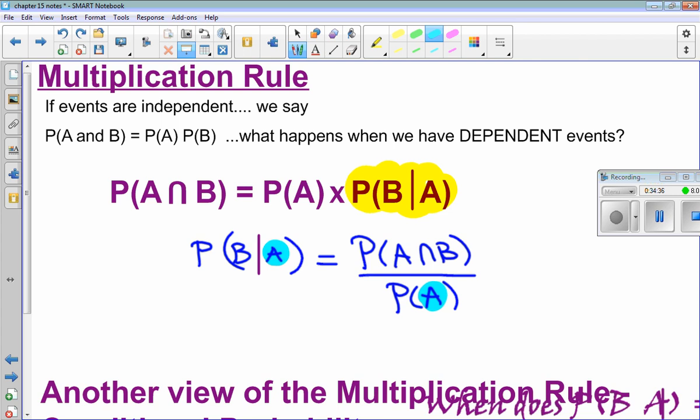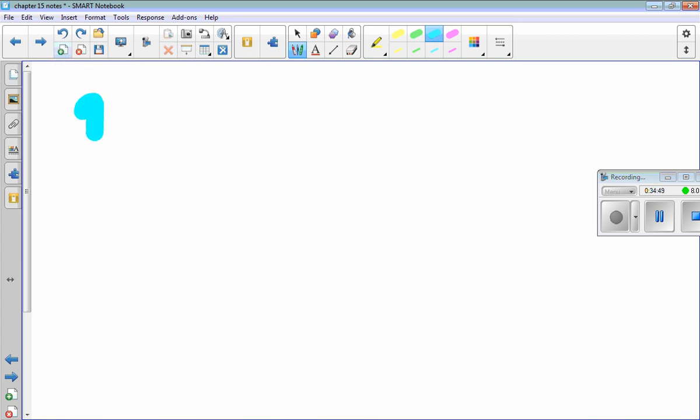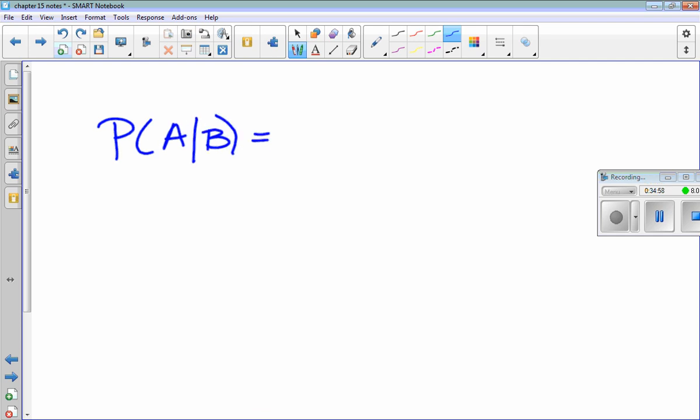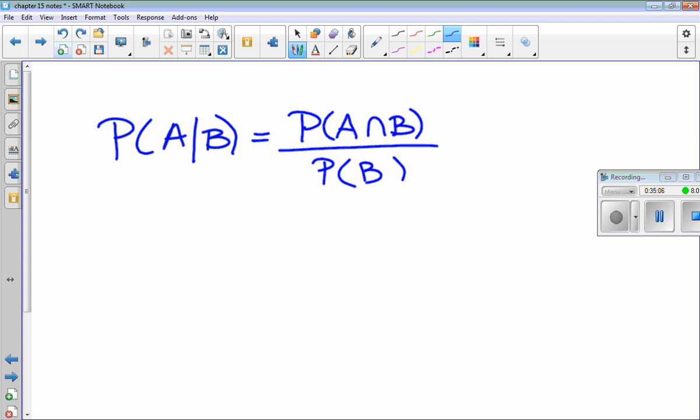We're going to put this in our own context as well. So let's rewrite it in a different situation. How would I write in context the probability of A given B? I think that's the one that's on your formula sheet, right? So A given B is the probability of A and B divided by the probability of B. That's what given that is.